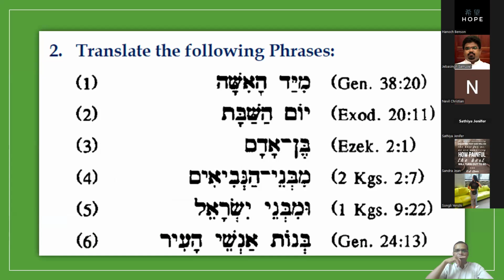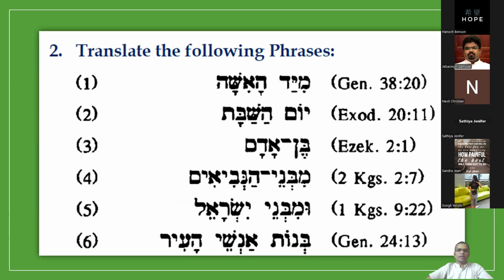I'm sorry, I'm still catching up, so I'm a lot behind. Haisha is not man actually. Ish is man, right? Isha is woman. Okay, so the woman, singular.